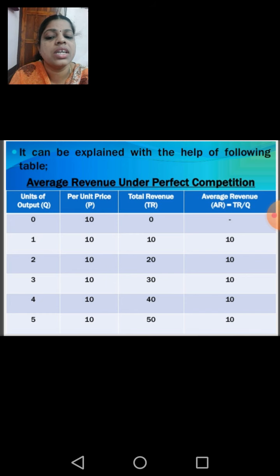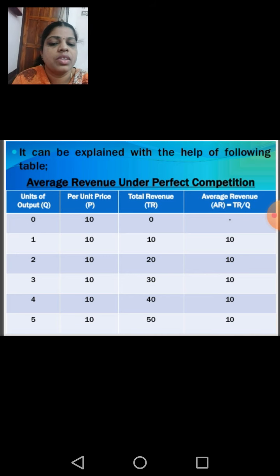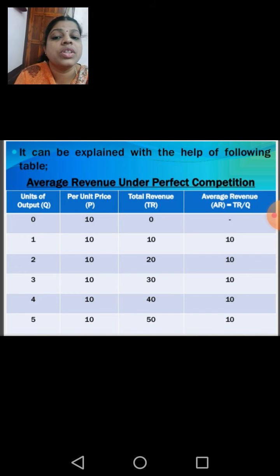Here Q means quantity or units of output, that is 1. So 10 divided by 1 equals 10. The next average revenue, all the average revenue we have to calculate with its respective quantity, right? Total revenue with its respective quantity. So here 20 divided by 2, 30 divided by 3, 40 divided by 4, 50 divided by 5.